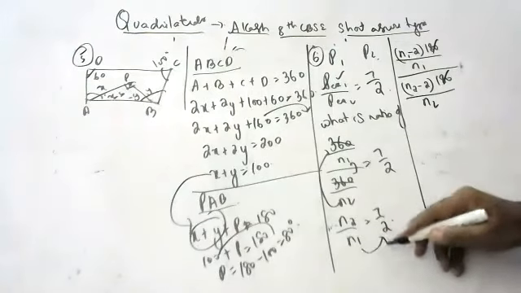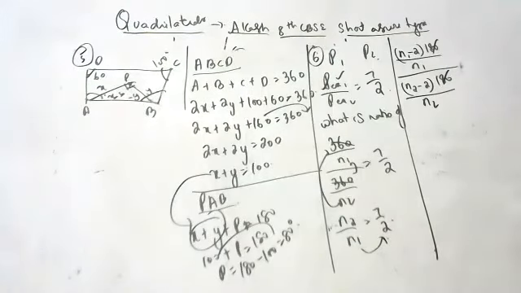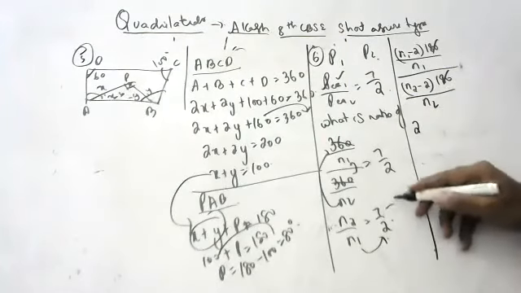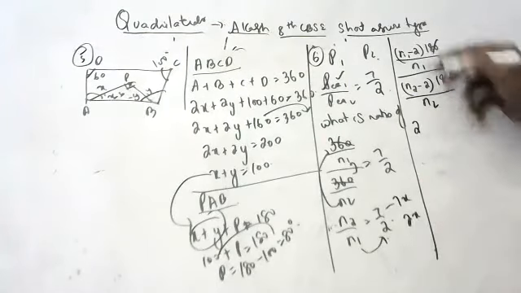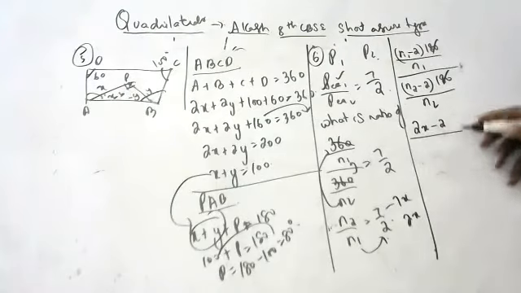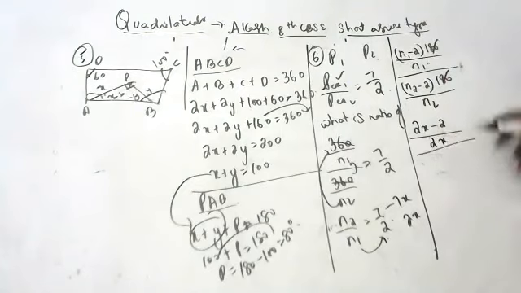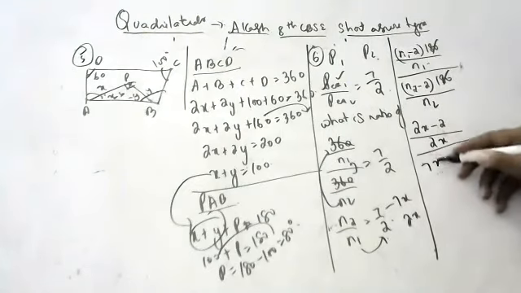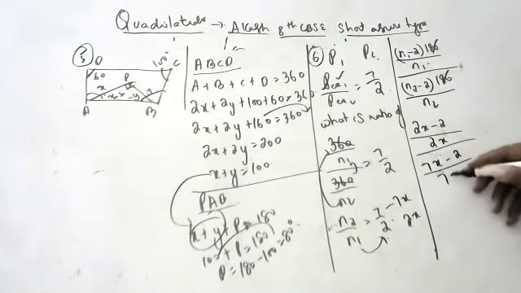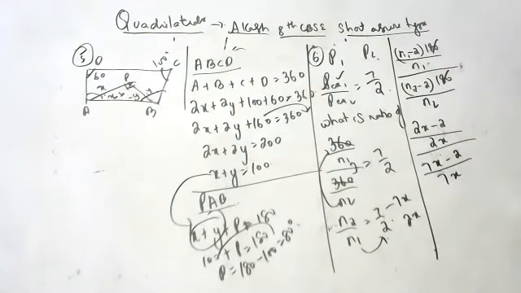What is n1? n1 is 2x and n2 is 7x. So what is the ratio they are asking?